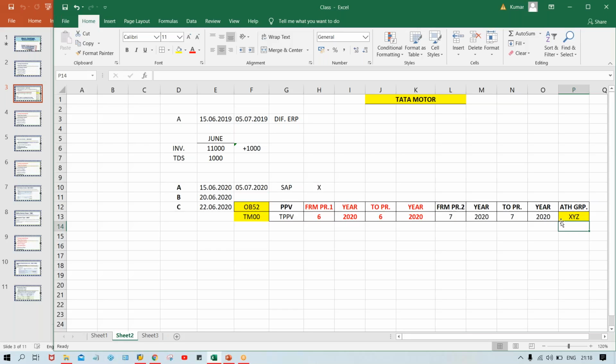Okay, basis people itself. Now apart from this, let's suppose authorization related issues. Authorizations means somebody will be authorized to use the OB52 transaction code, but somebody will not be able to use this transaction code. It means this is a kind of authorization related. So authorizations will be given by whom?